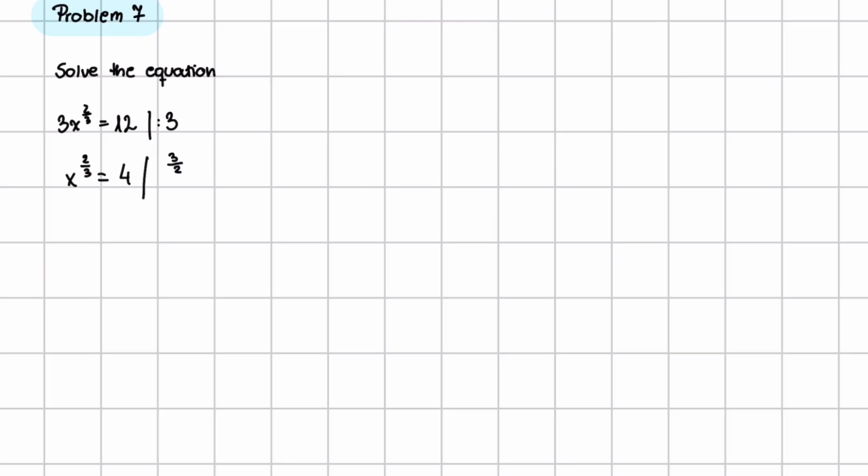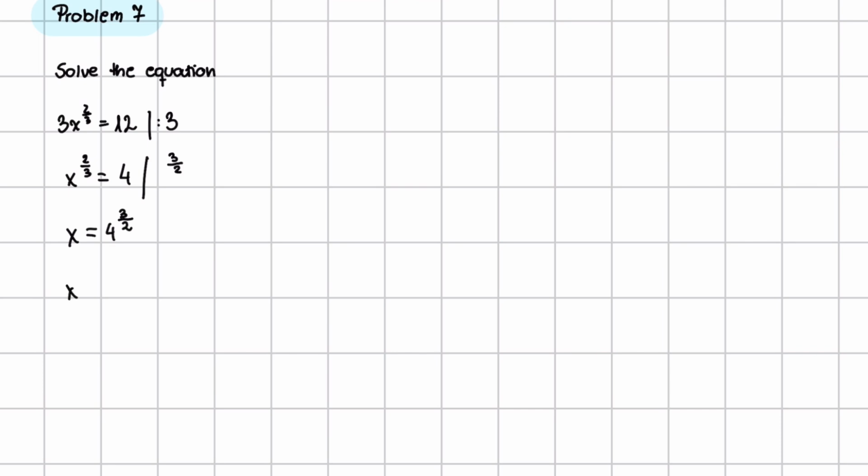So we have x to the power of 2 over 3, and then we give also 3 over 2, so these powers cancel out, because finally we will have x to the power of 6 over 6, and it's just 1, so it is x to the power of 1, so just x. And here we have 4 to the power of 3 over 2.